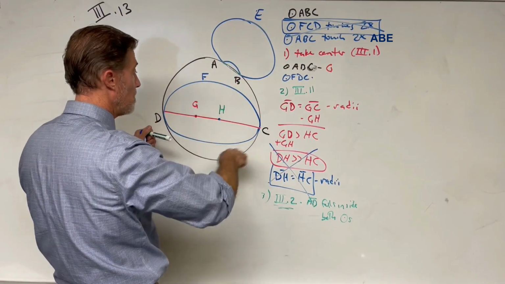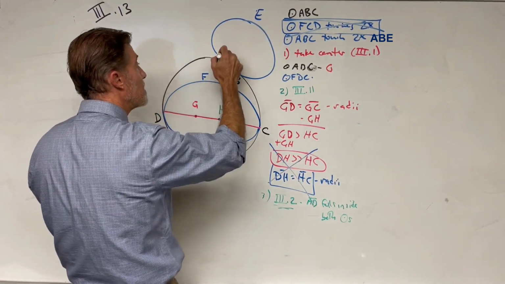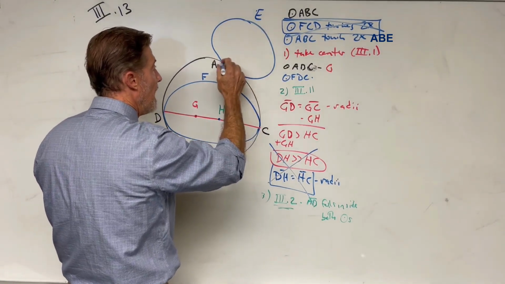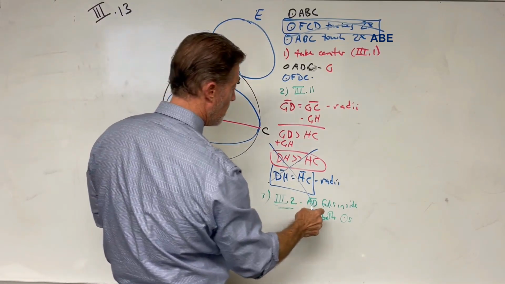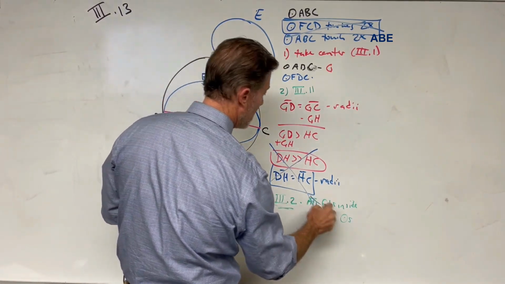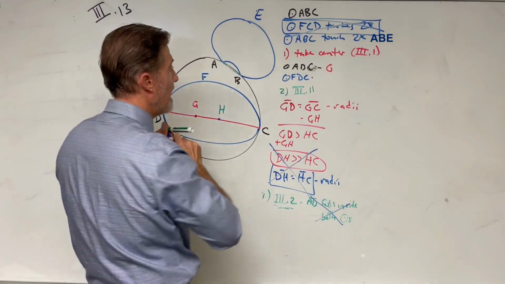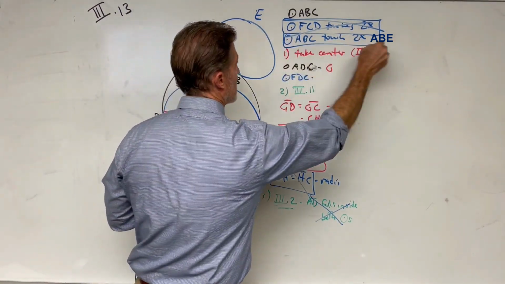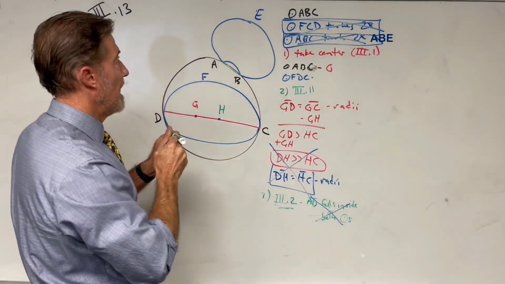It's inside circle ABC, but look, it's outside. It's completely outside circle ABE. And it can't be inside a circle but also outside. So that is a contradiction. It's supposed to be inside both circles, but it's clearly outside the smaller circle. So that leads us to reject this possibility, that it can touch externally at more than one point.